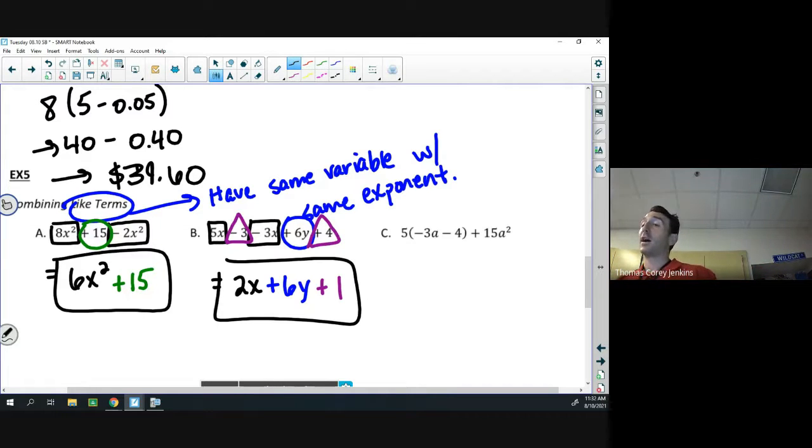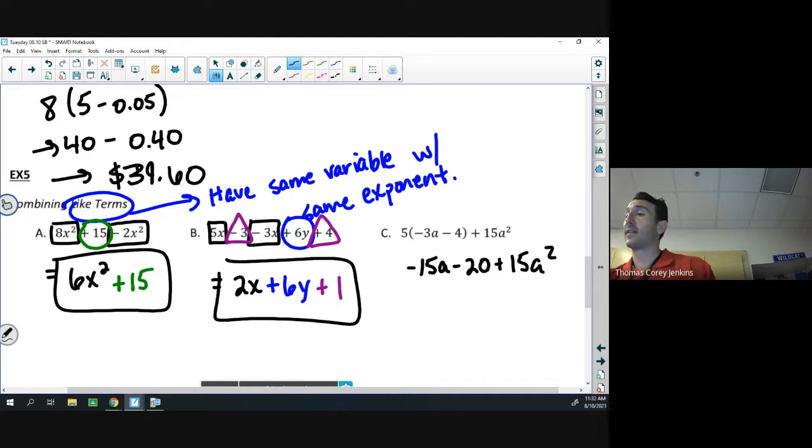So step 1 on C is to distribute. Okay. So we distribute. We get negative 15a minus 20. And then we want to combine like terms. So my question for you is, are there any like terms? There are no like terms. A and a squared aren't like terms, okay?